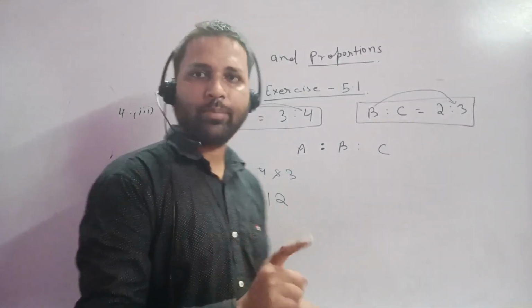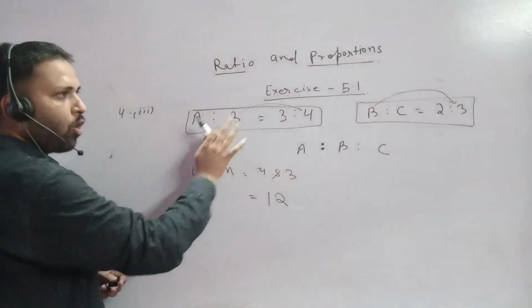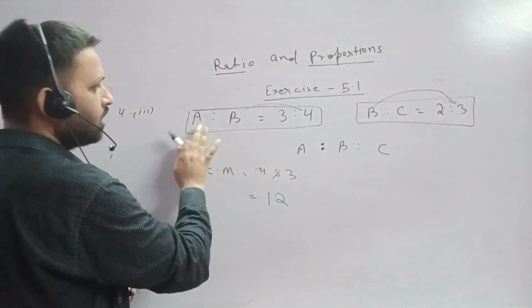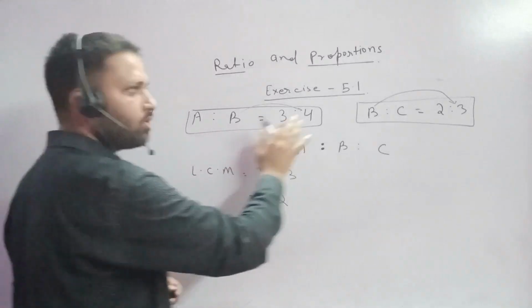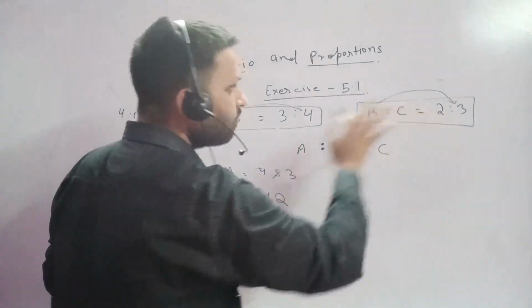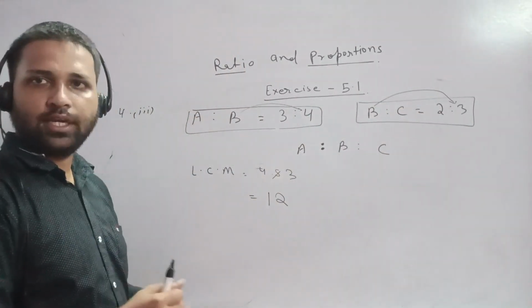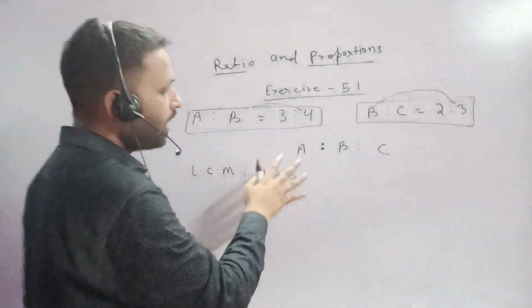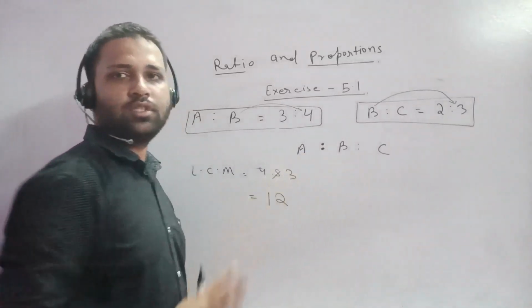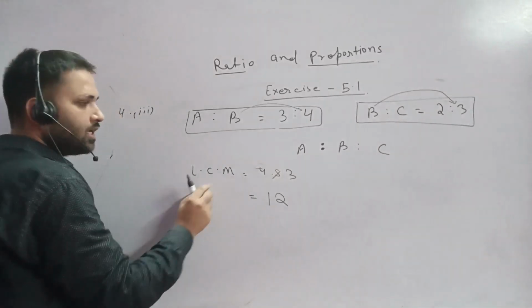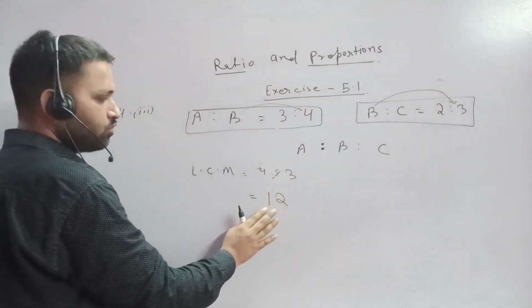Our first step is to take the LCM of the common number, that means the consequent of the first ratio and the antecedent of the second ratio, if two ratios are given and you have to find a is to b is to c.